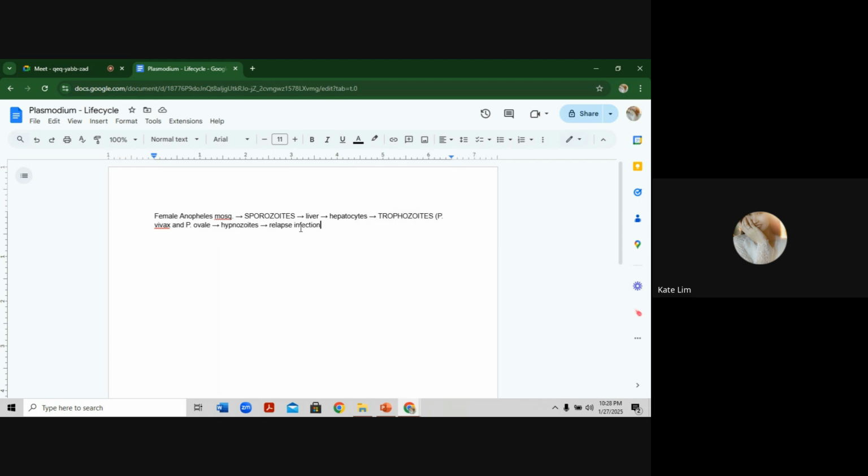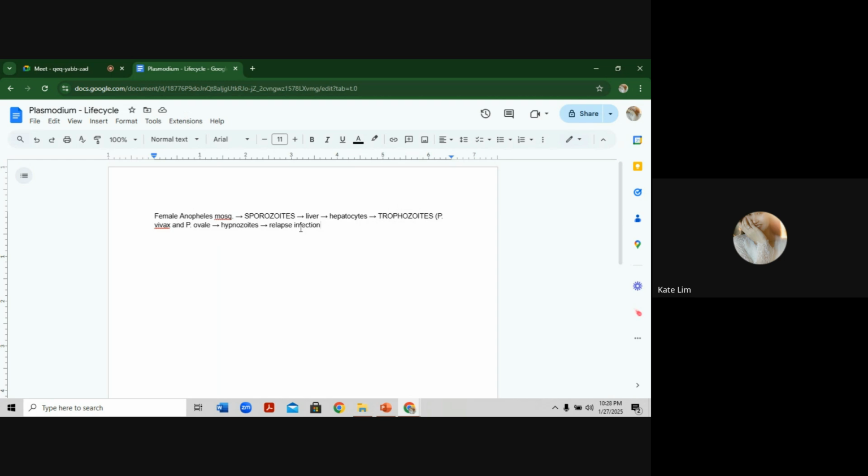Say, for example, the person is already treated for malaria, but some of the strains of the Plasmodium have undergone a dormant stage.